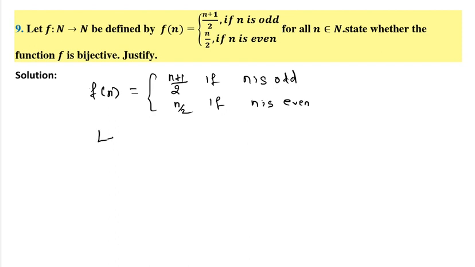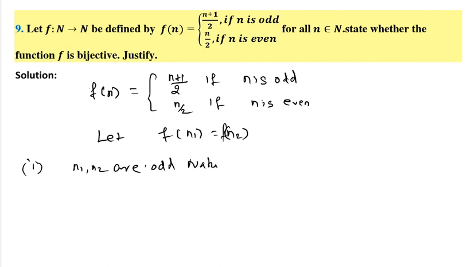Okay, let us start with the assumption f of n1 is equal to f of n2. Case 1: n1, n2 are odd natural numbers, or odd positive integers.